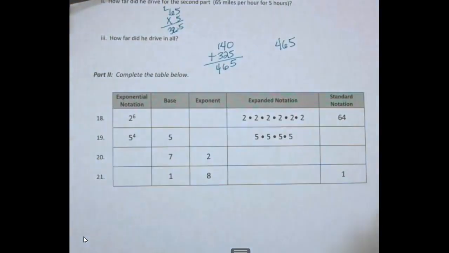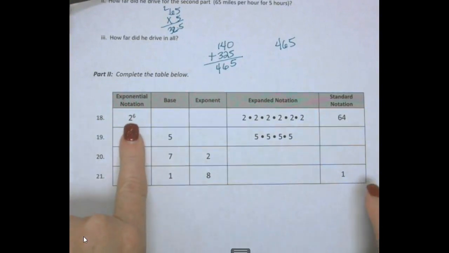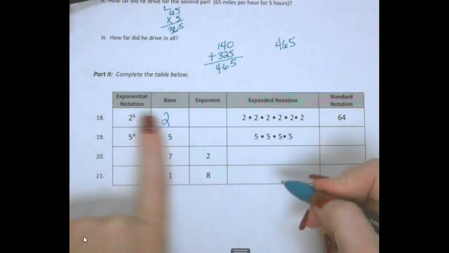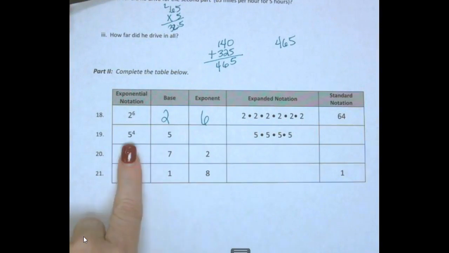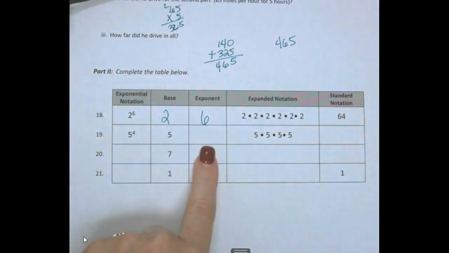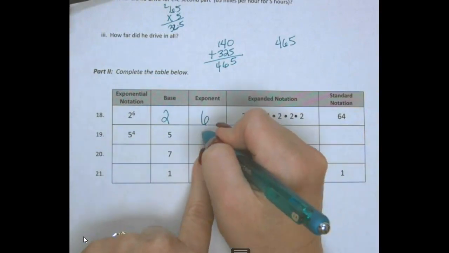Now this, I need you to really pay attention. Here, what number is my base? 2. What number is my exponent? 6. Here, 5 to the 4th power. My base is 5. My exponent is 4.